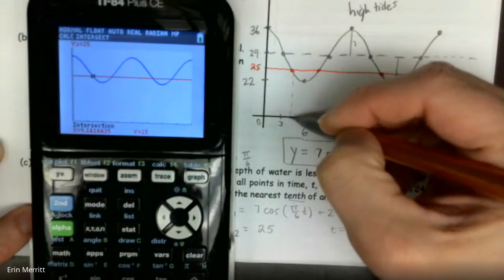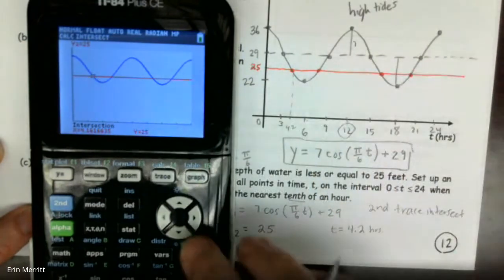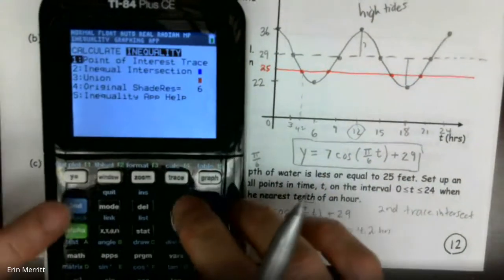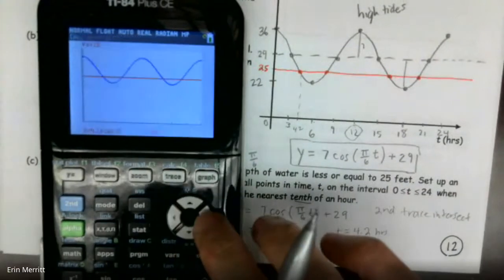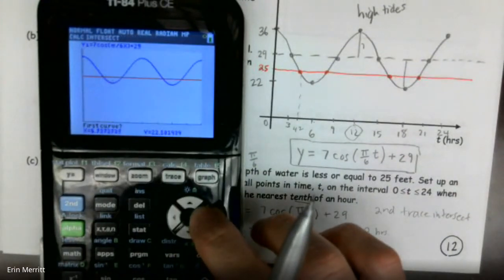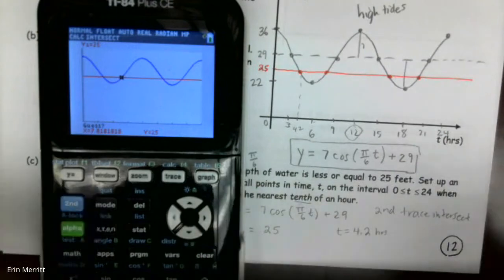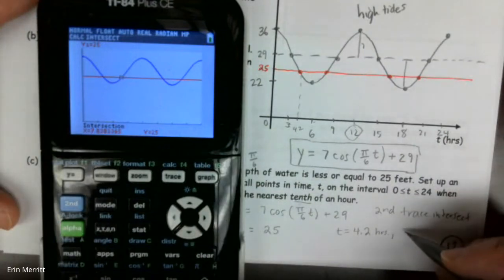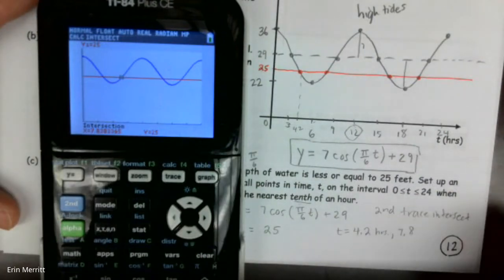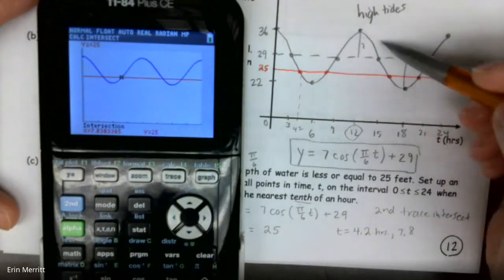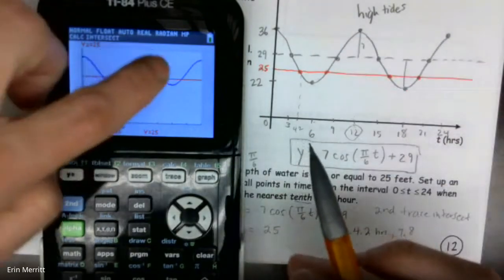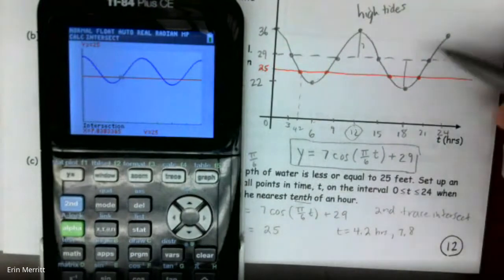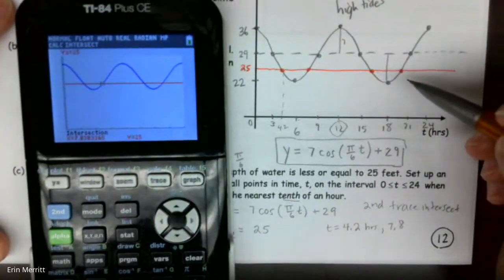So right here would be about 4.2. And then the second value, second trace intersect, shimmy it on over here, and then enter, enter, enter. That's happening at about 7.8 hours. And then because that cycle repeats, I can either slide on over and calculate those two, or I can remind myself it repeats every 12 hours.